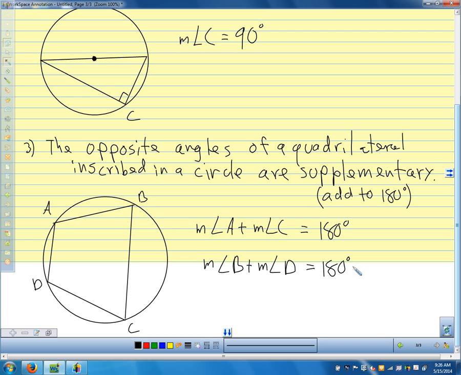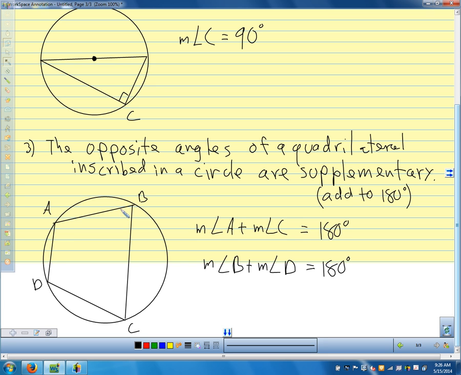This comes from the fact that all the way around the circle is 360 degrees, and the opposite angles are getting opposite pieces of that 360 degrees. That's how they end up adding to 180.